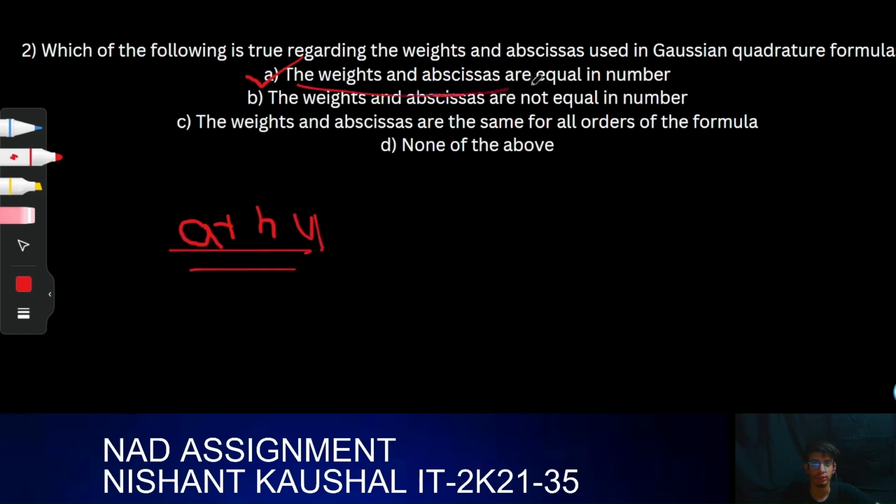So weights and abscissas are equal in number. This is true. The rest of the options say weights and abscissas are not equal in number. No, this is not. The weights and abscissas are the same for all orders of formula. No, these values can change, right? So the weights and abscissas are equal in number. This is true.